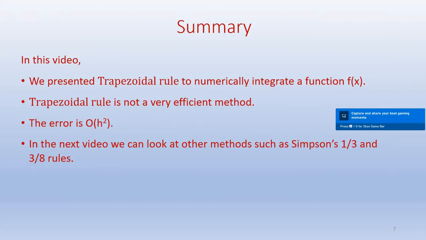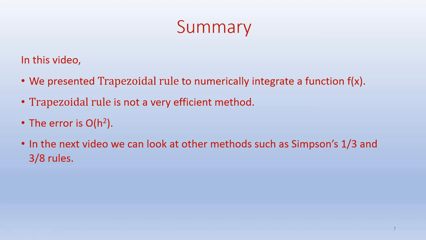To summarize, in this video we presented the trapezoidal rule to numerically integrate a function f of x. f of x can be any continuous function, it can be a complicated function, including trigonometric, logarithmic, exponential functions, etc. We notice that the trapezoidal rule is not a very efficient method.